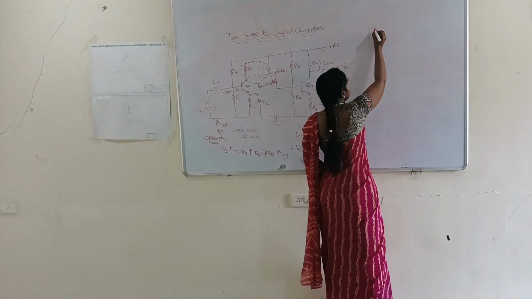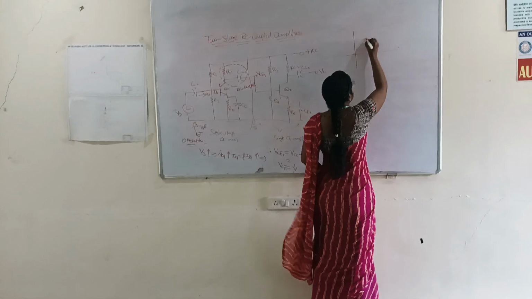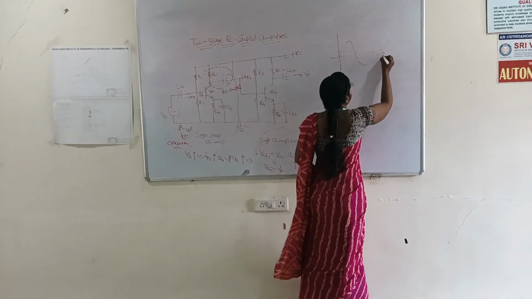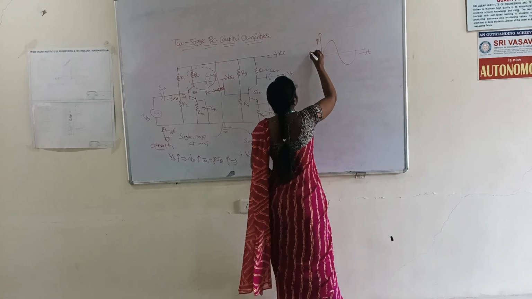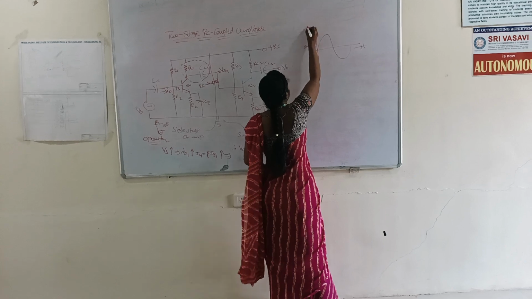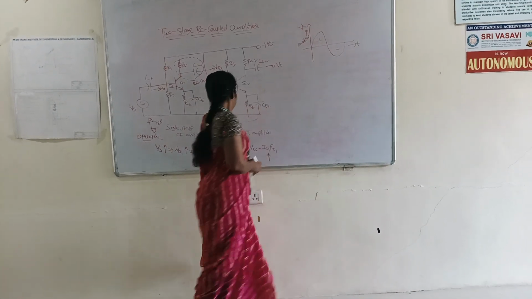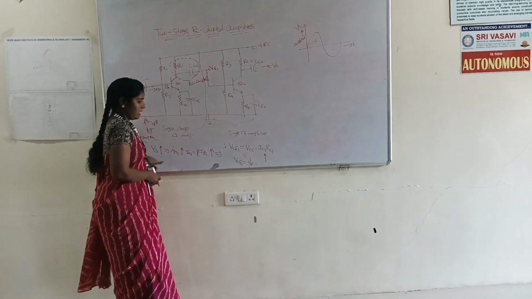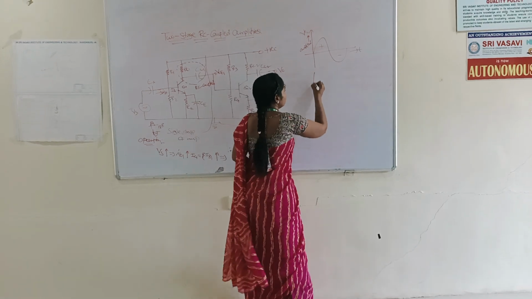So input amplitude Vs is increased, means first stage output VC1 is decreased.